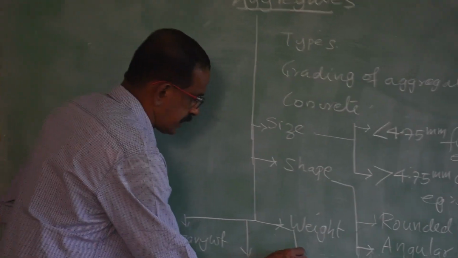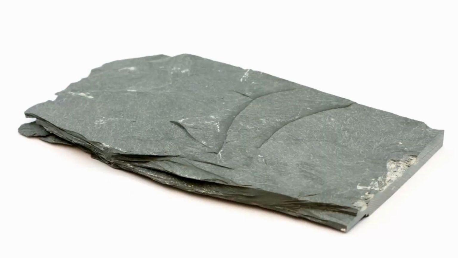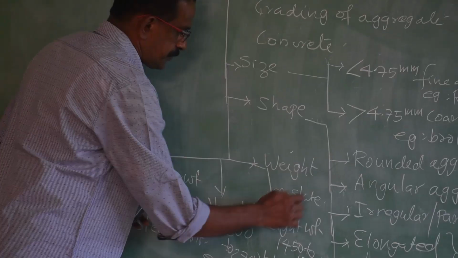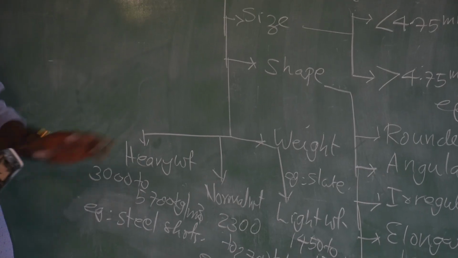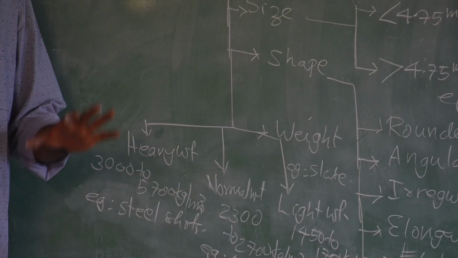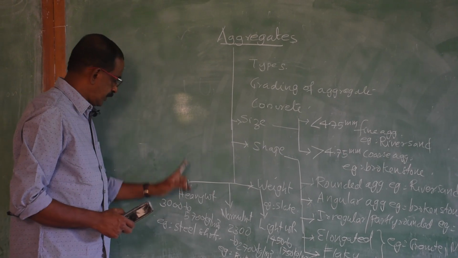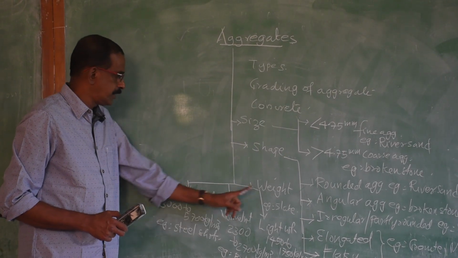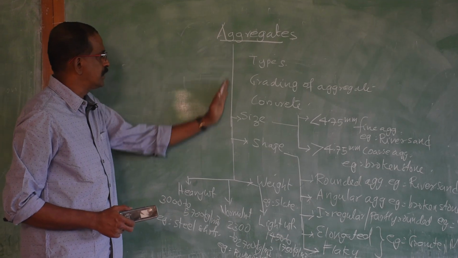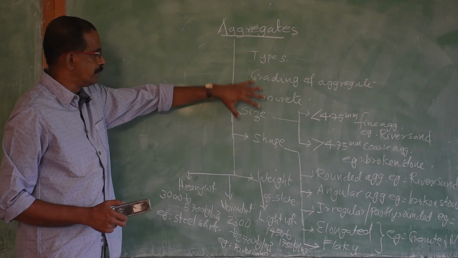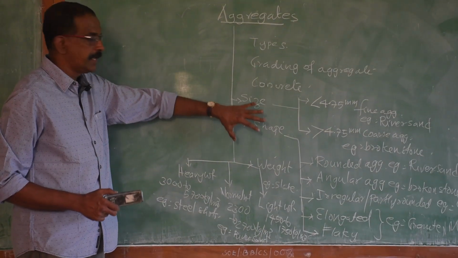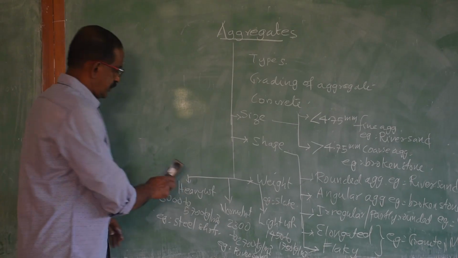Example for lightweight aggregate: slate, that is a type of stone. Slate is an example. So, this is the classification based on the weight, heavy weight, normal weight and lightweight. So, classification types of aggregate are based on the size, based on the shape and based on the weight.